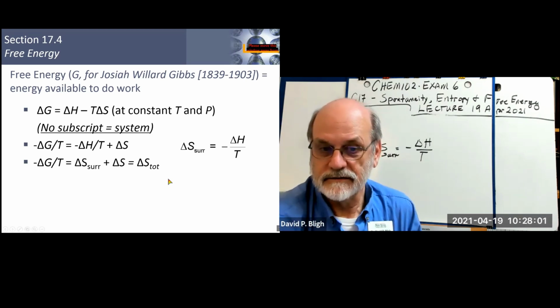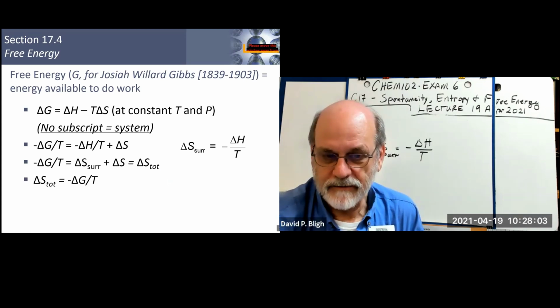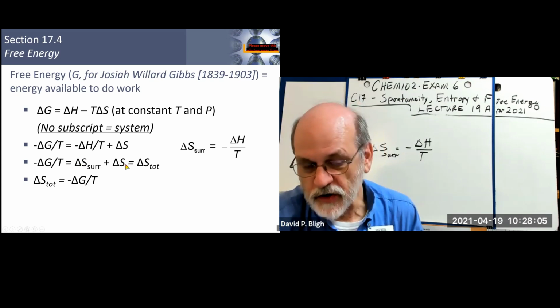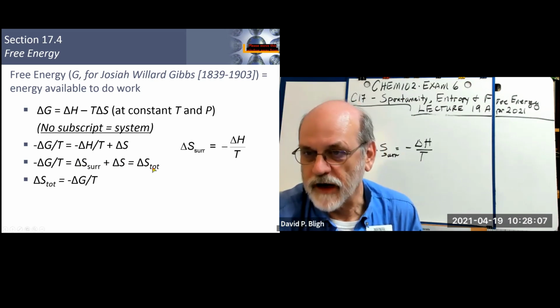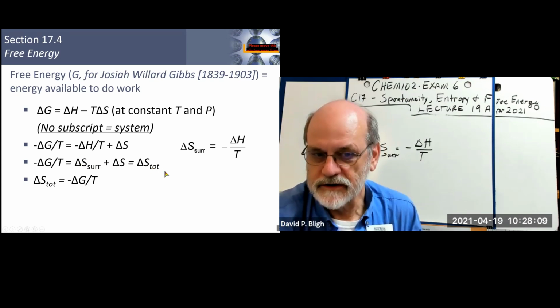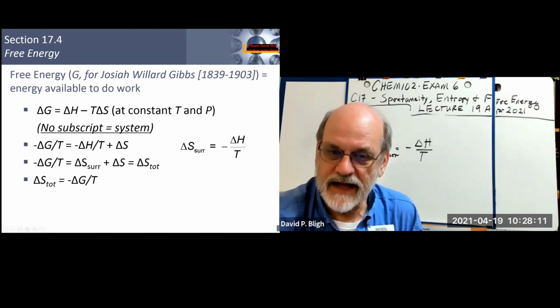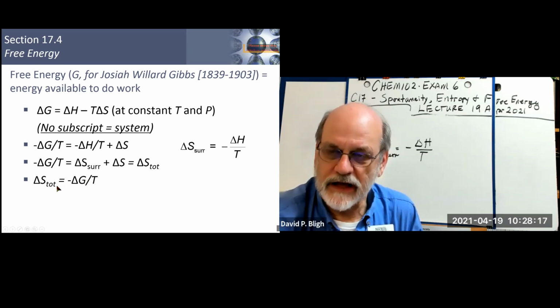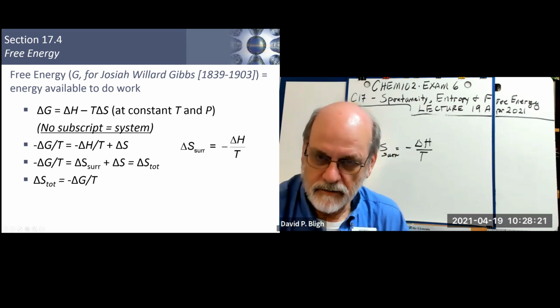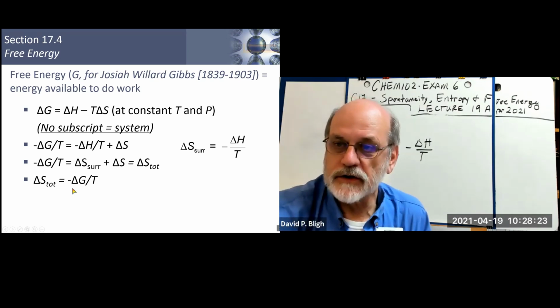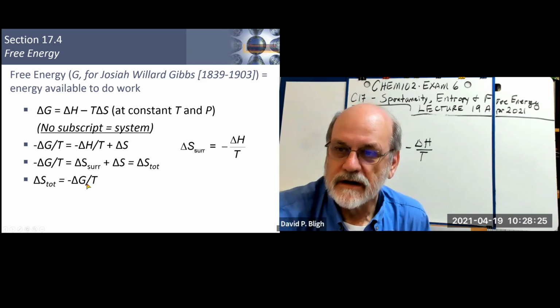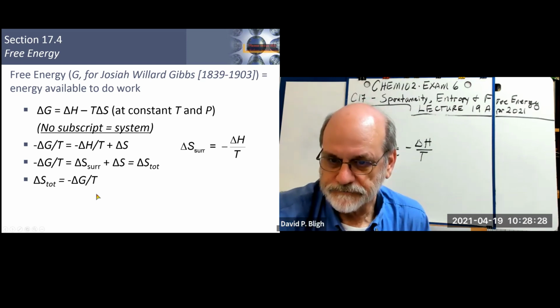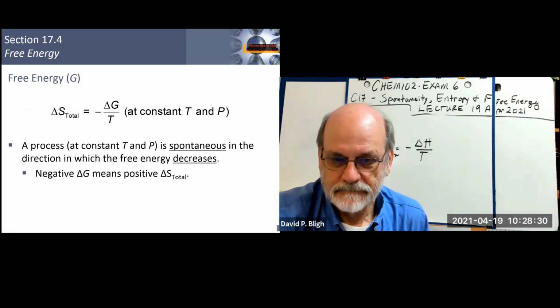Yeah, it is. All right, so let's just pull these two terms out. We don't need both of them. Delta S total is all we need to keep. So now delta S total is equal to negative delta G divided by T. So the total entropy change for our process is equal to negative delta G divided by T.